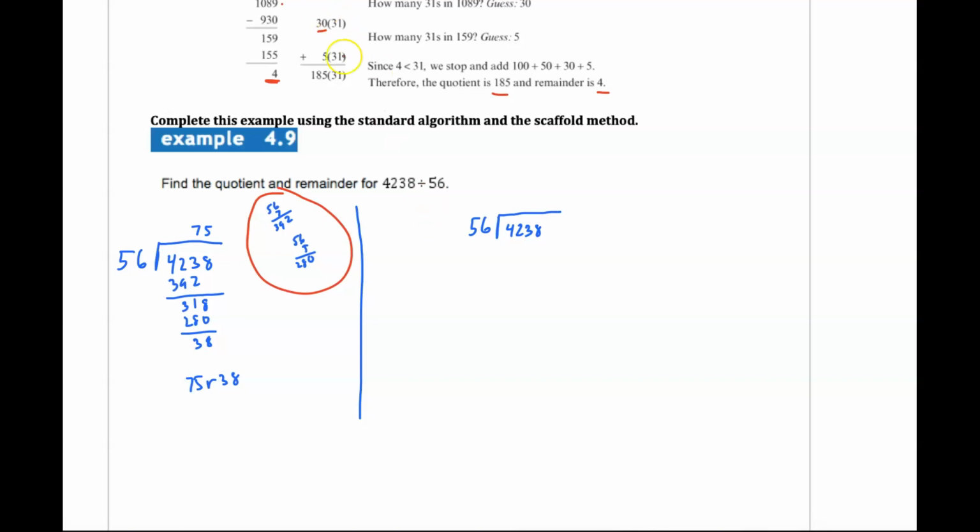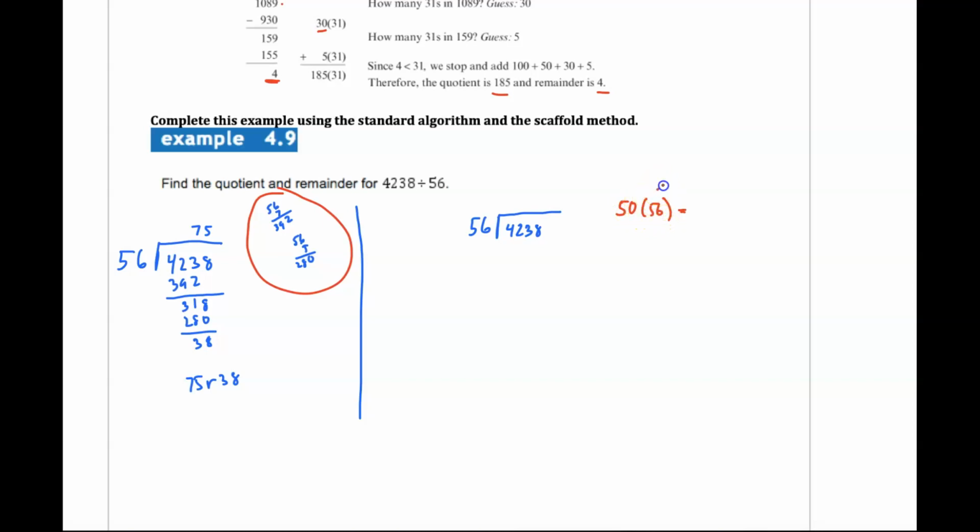So we ask ourselves the question, how many times does 56 go into this? I don't know exactly, but I know it doesn't go 100 because that's too big. But I'm going to say I think it goes at least 50 times, right? And so in this case here, I'm going to do 50 times 56.